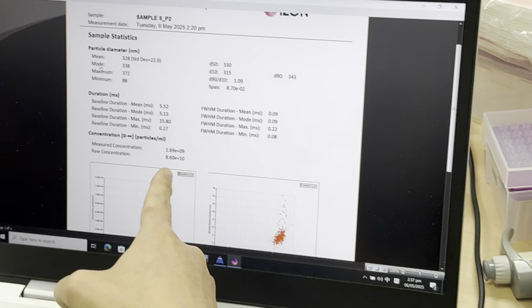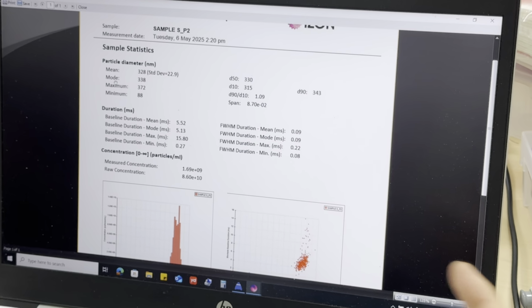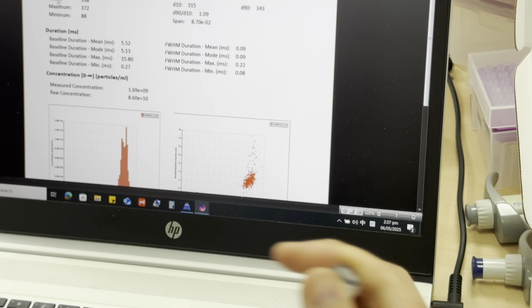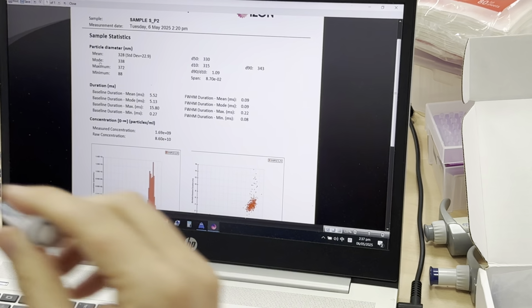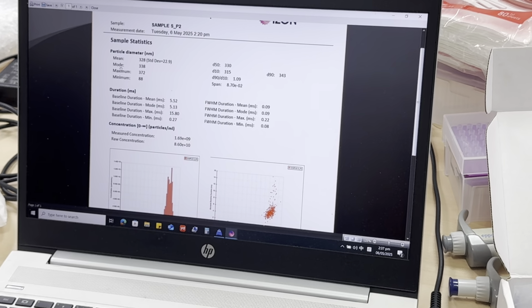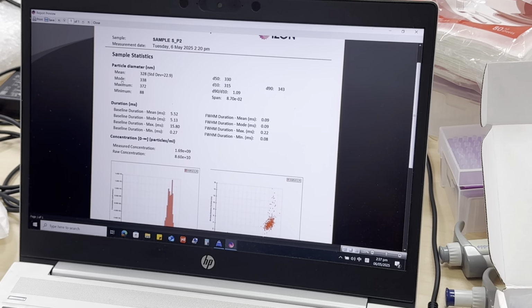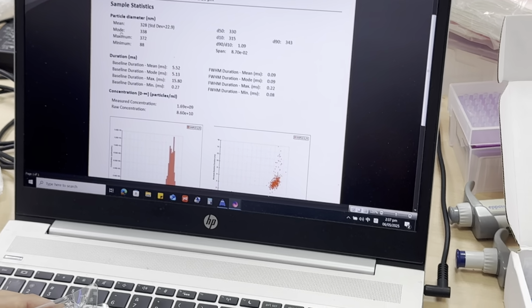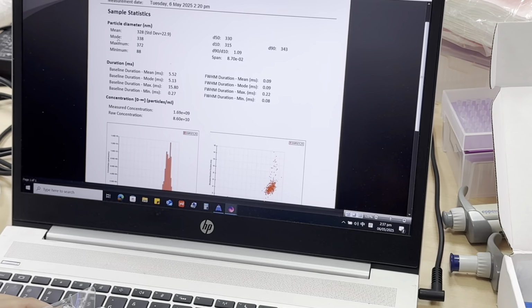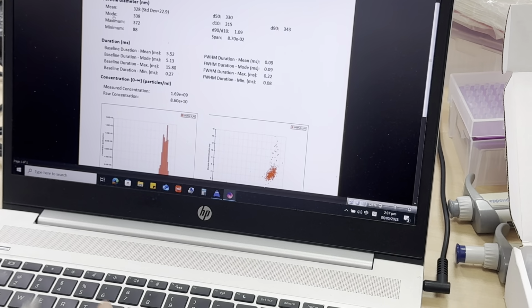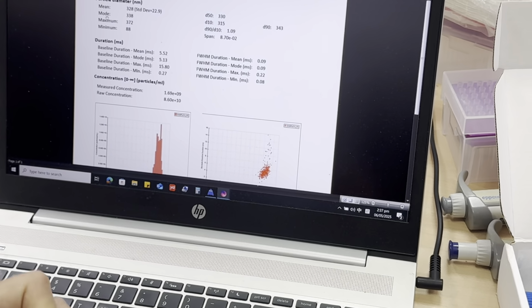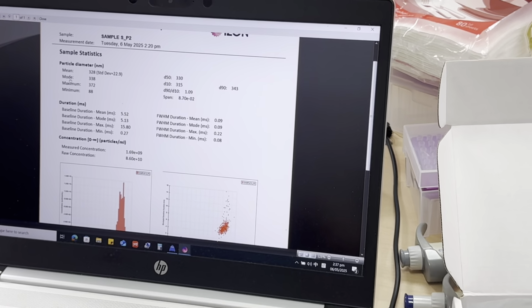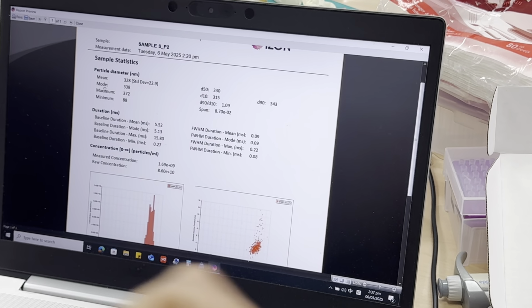Our concentration is 8.6. Why? It's different because of pipetting error and also dilution error. But usually we think concentration is hard to make very accurate. Usually within 25% is acceptable. Why do we say concentration is very important? If we do an in vivo study, you need to dose based on the particle number.